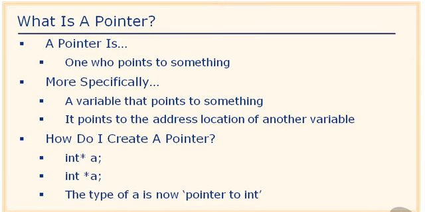A pointer is a variable that points to something else, and specifically it points to a certain variable with a certain data type. In the next few videos we'll build on this and show you quite a few examples, but for now this is what a pointer is, what it does, and then right here how you create one.